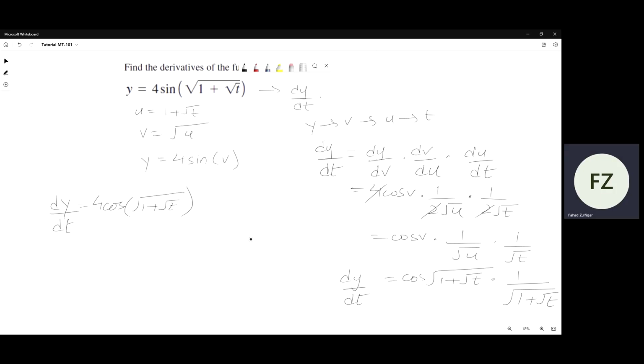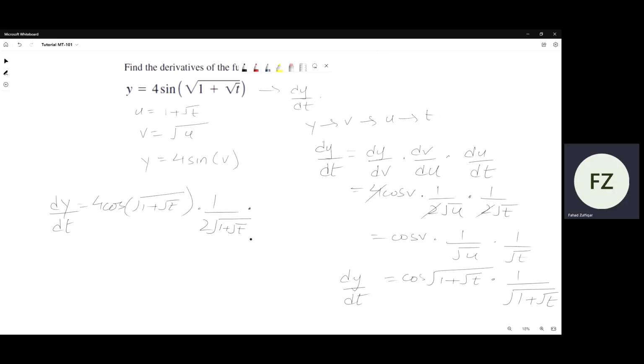And then I have to move into the inner term. The inner term is actually the outer bracket. So what is the derivative of the outer bracket? The derivative of the outer bracket is 1 by 2 under root of 1 plus under root t. Now, after calculating the derivative of the outer bracket, you have to go in one more bracket. So after going inside, I also have to find the derivative of 1 plus under root t.